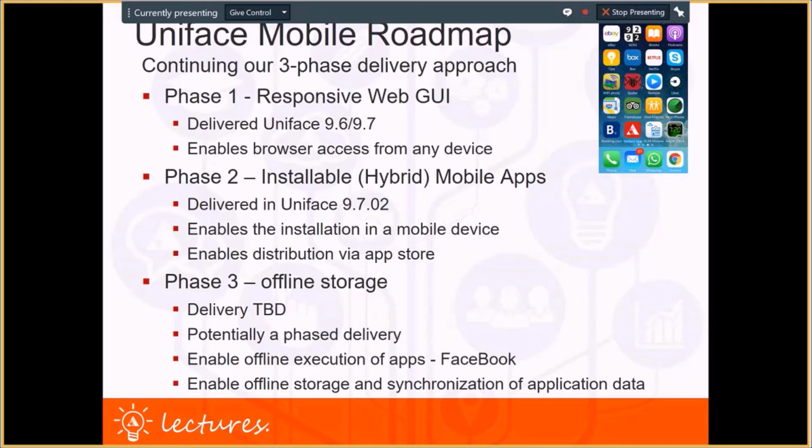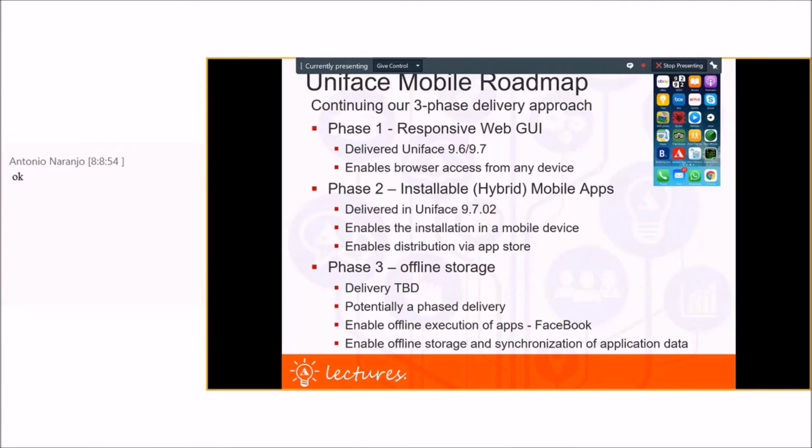The next phase, we still are in discussion about the delivery. The most important thing is the offline storage. Think about a little bit about Facebook, where you nowadays can upload pictures when you're offline, and that will be automatically synchronized whenever you are going online.